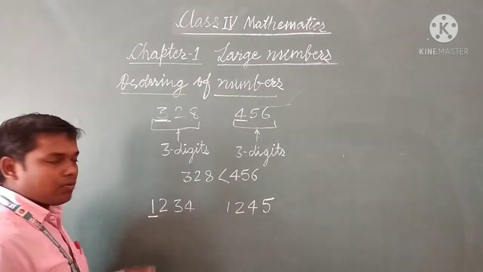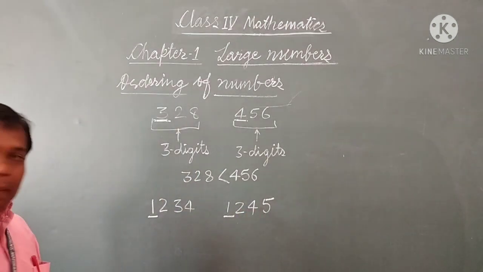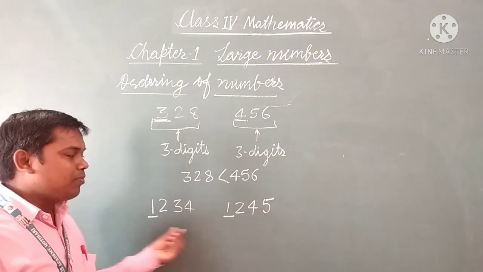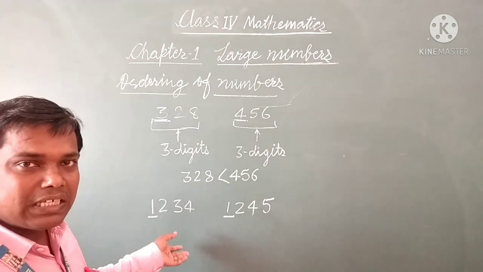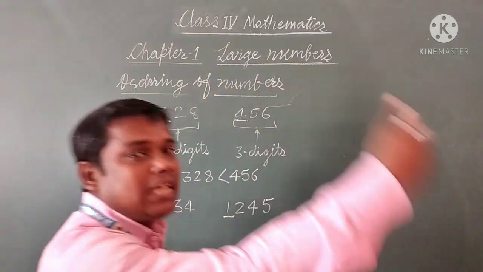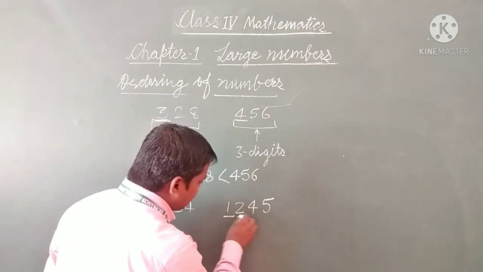In this number, 1 is the leftmost digit and here also 1. Means by observing the leftmost digit, we are still not sure which one is greater. So we see the next digit. Here is 2, here is again 2.